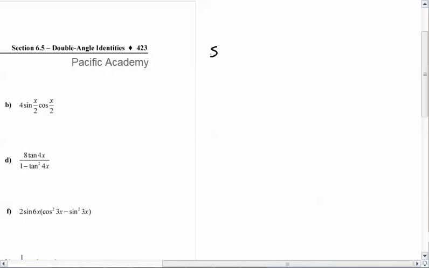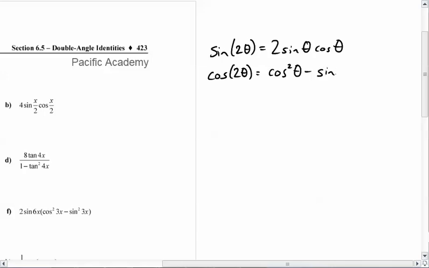We have sine 2 theta is equal to 2 sine theta cos theta. And then we've got cosine 2 theta is cosine squared minus sine squared. And that one matches with some other formulas.